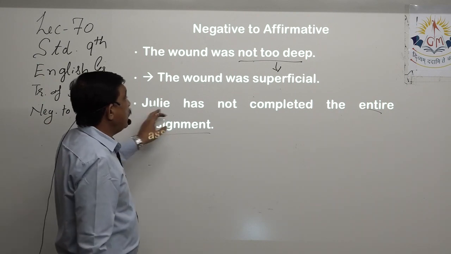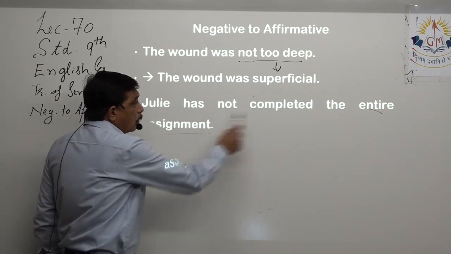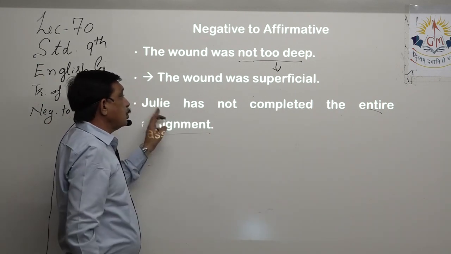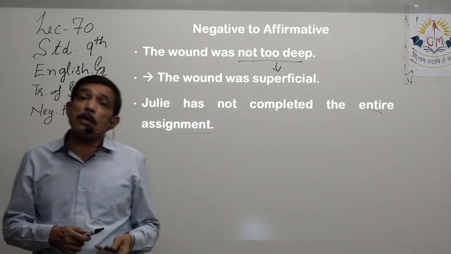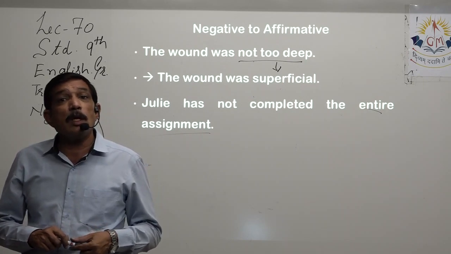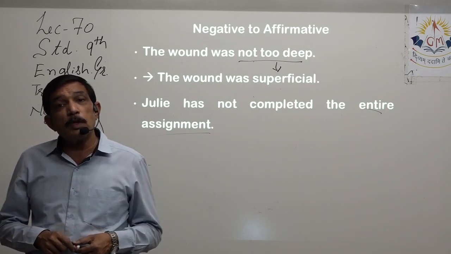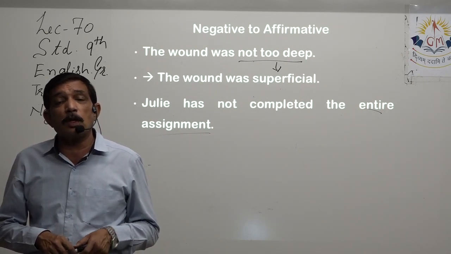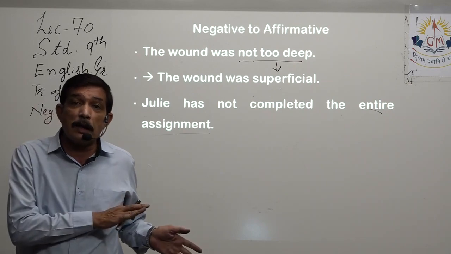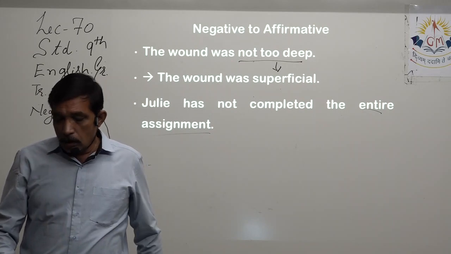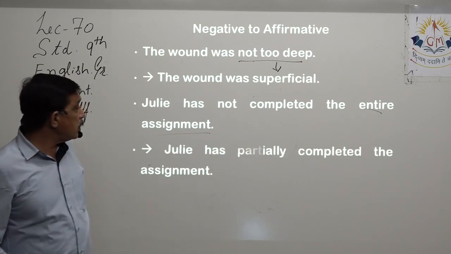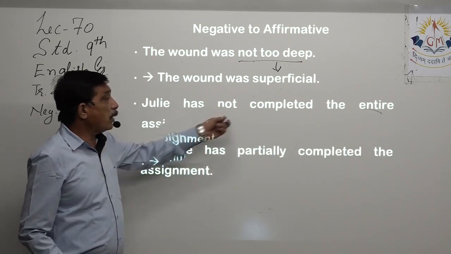So, Julie has not completed the entire assignment. Julie has partially completed the assignment. Let's be positive. Affirmative also means positive. We are not thinking about the part that is not done. Let us take into consideration the part that has been completed by Julie. So why say negative?